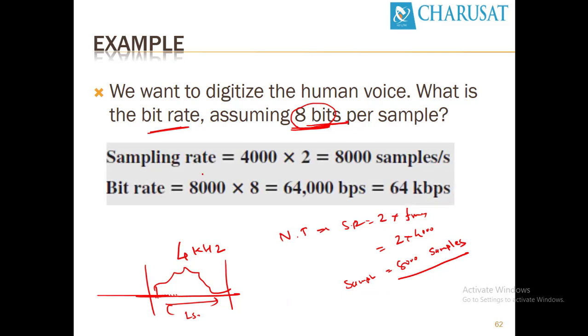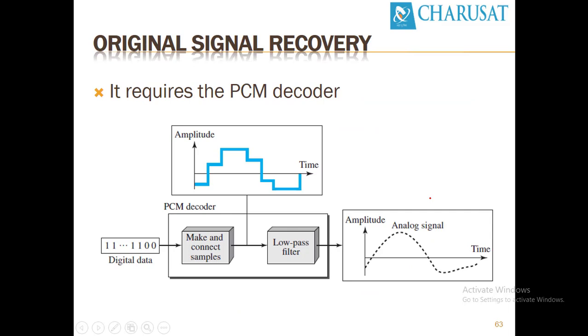So this is the answer: according to the Nyquist theorem, 8000 samples, and 8 bits to represent one voltage value. So 64,000 bits per second, 64 kbps. On the other side, we can recover these signals using a PCM decoder. The PCM decoder takes digital data as input, makes connected samples, a low pass filter is applied, and the original signal will be generated.